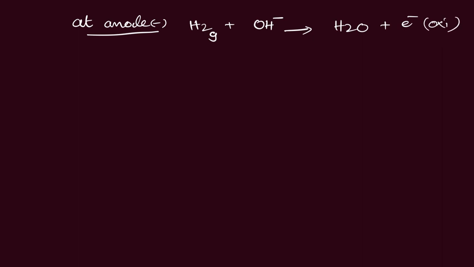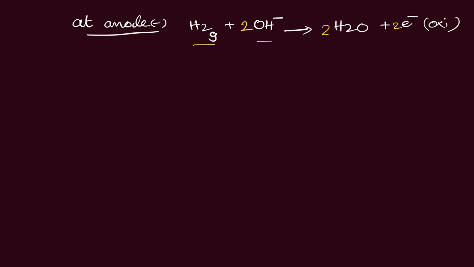Oxidation. Now we have to balance it. Here 2 hydrogen and here 3 hydrogen, so it is not balanced. Therefore make it an even number. If I make it 2 hydrogen and here 2 oxygen, then 2 into 2, 4 hydrogen, 2 into 2, 4, and here we are losing how many electrons? 2 electrons.